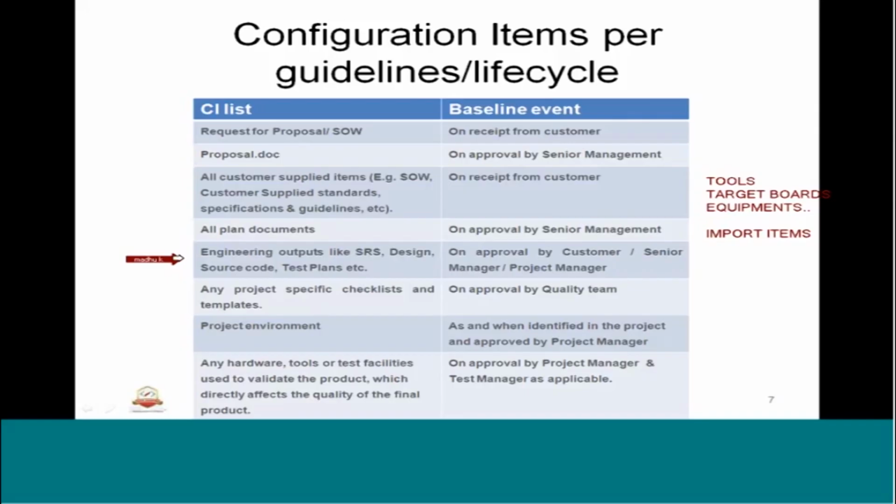If it is an internal project or if it is a customer oriented project, based on that, this will be called a baseline event, and against the baseline event we are going to baseline the particular CIs or configuration items.